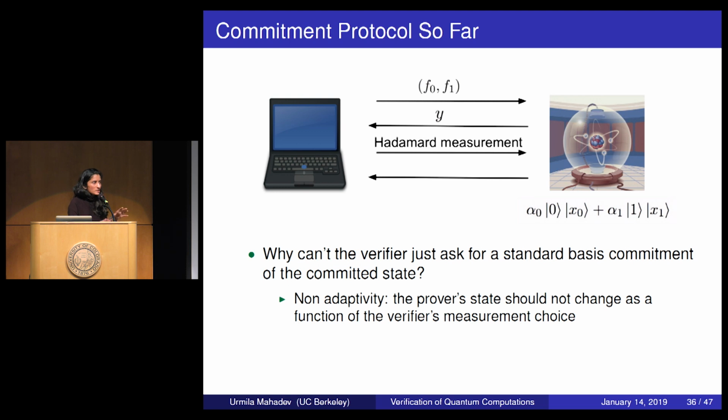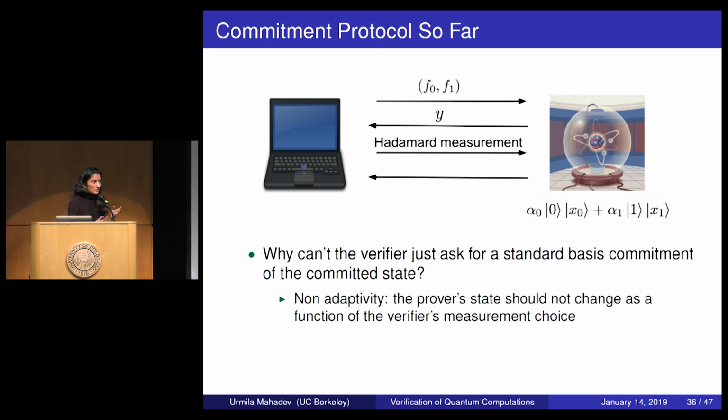Just to be clear, this is specifically for my protocol, and it might not be true for other commitment protocols. I'm not going to get into that because it's a subtle issue and I don't have time, but I'll ask you to take it on faith that I do require that the prover doesn't learn the basis.